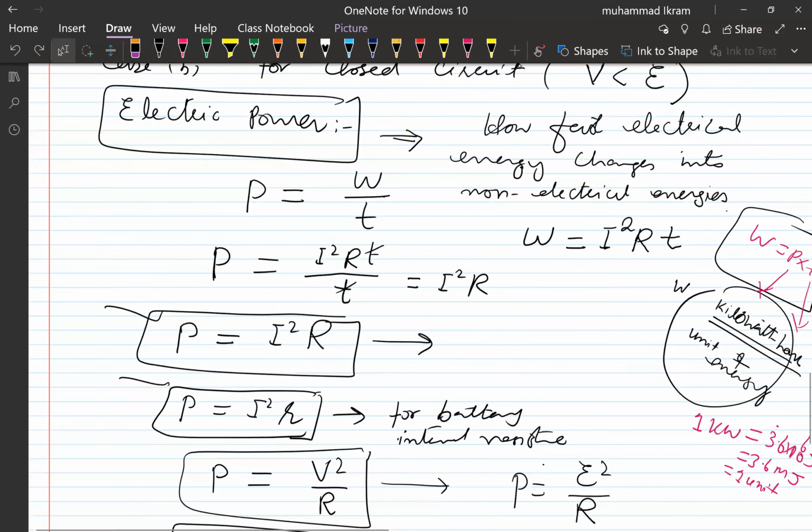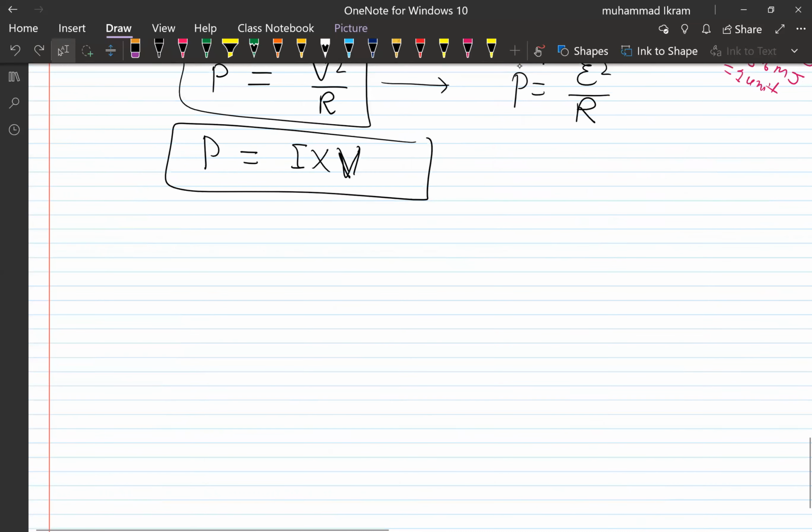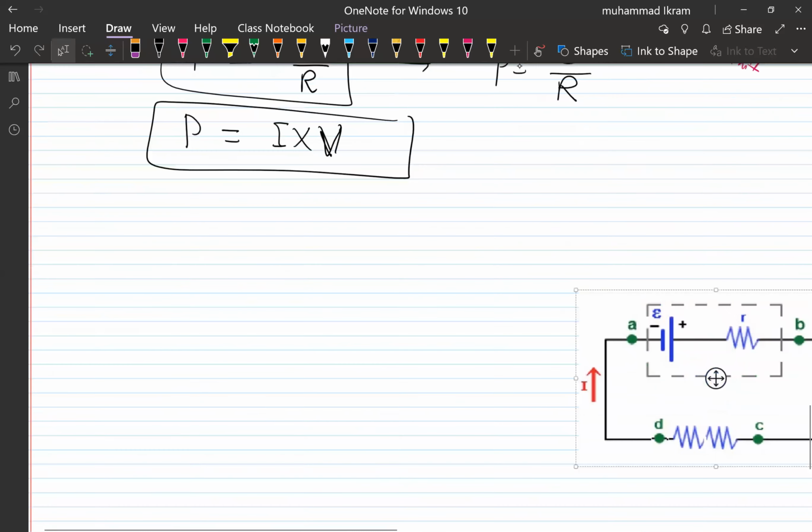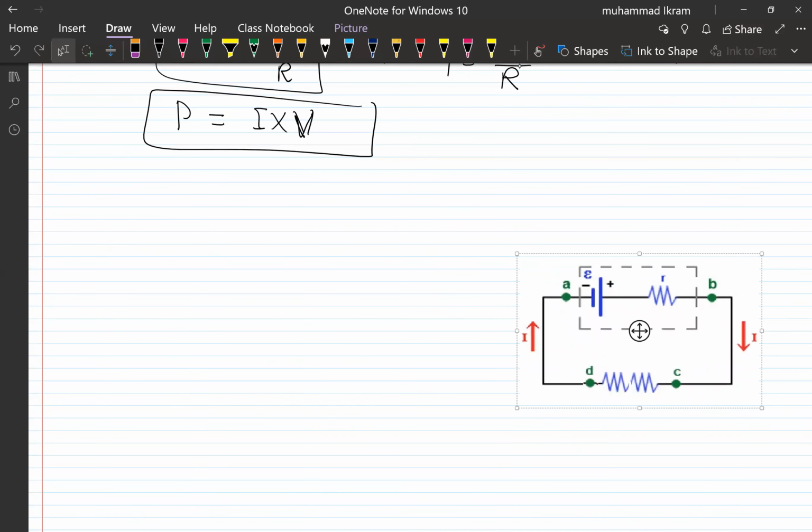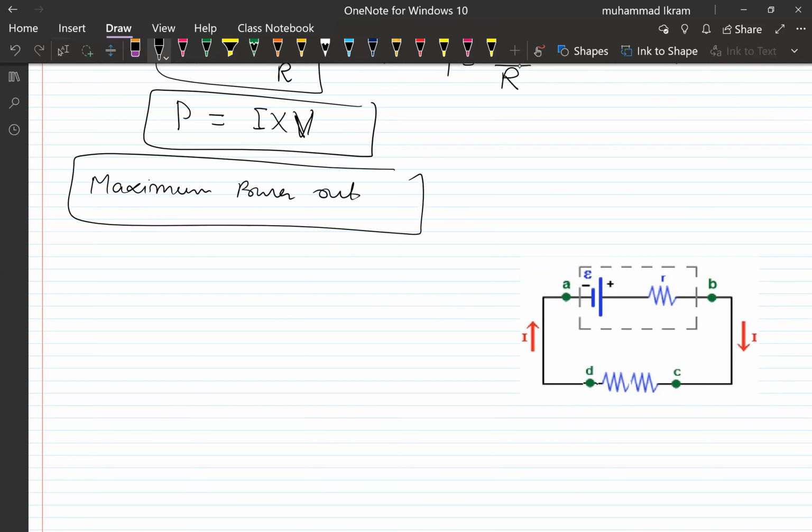So our next topic is the maximum power out, that is, when a given electrical circuit can deliver the maximum power out.